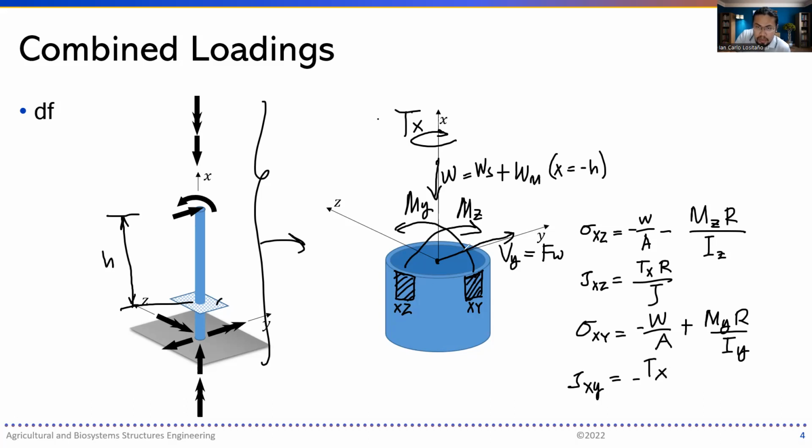Why? Because it's along this line. We have a notion that this is going to be positive, but this is going to be negative.